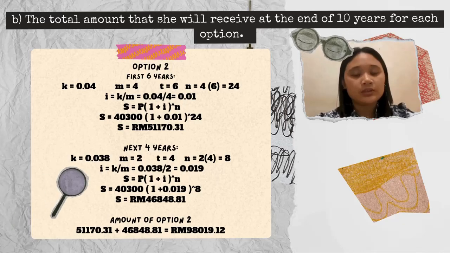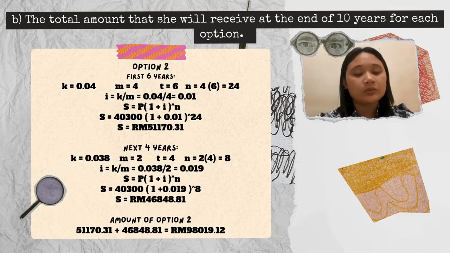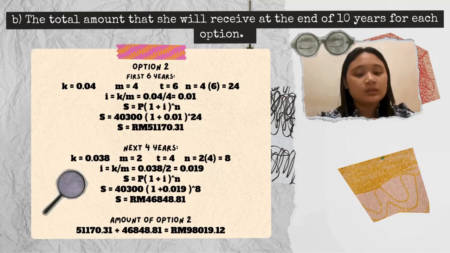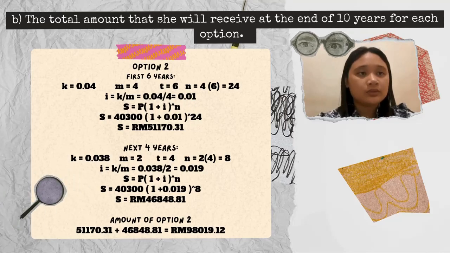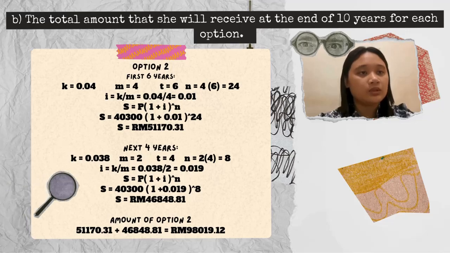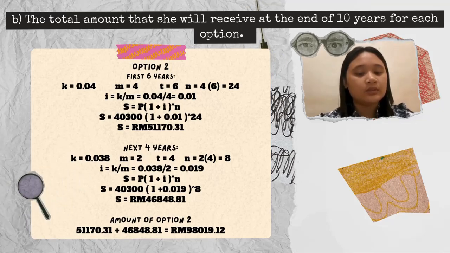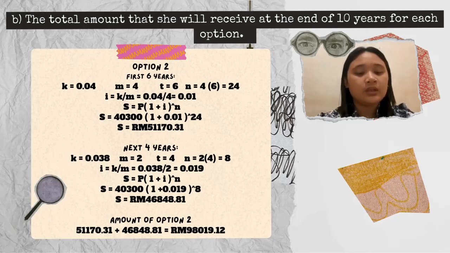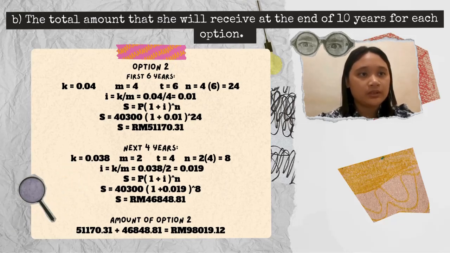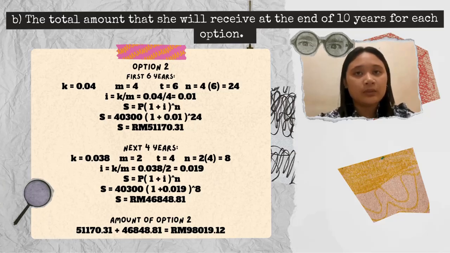To calculate this, we use the formula S equals P(1 plus I) to the power N. S equals 40,300 times (1 plus 0.019) to the power 8. The answer is 46,848.81 ringgit.